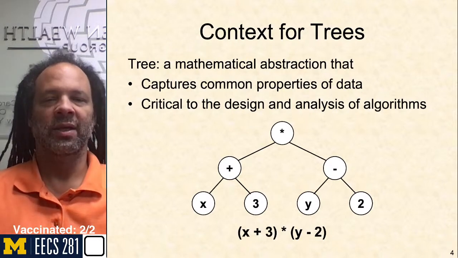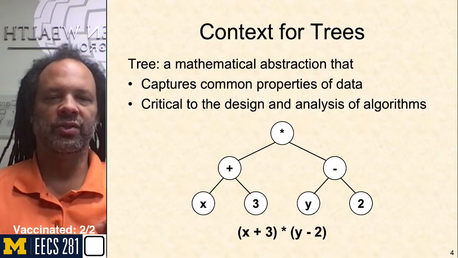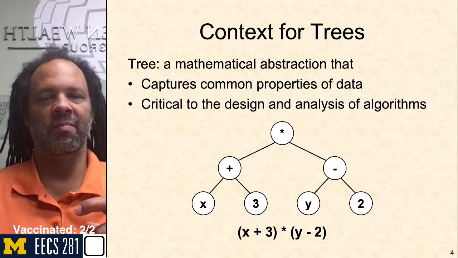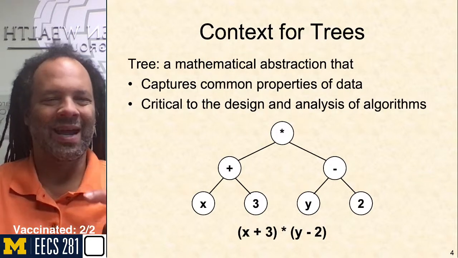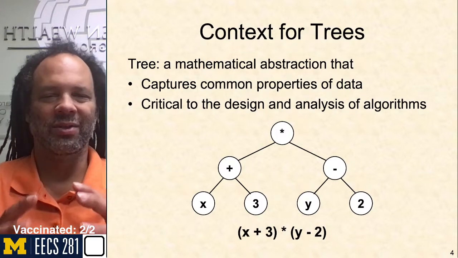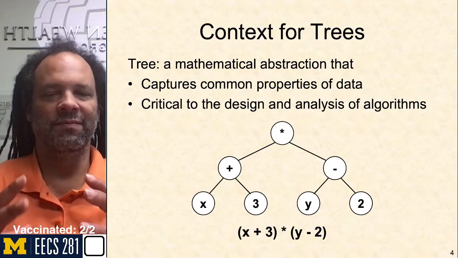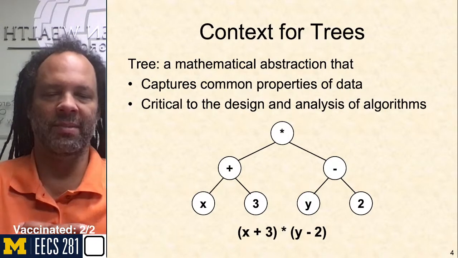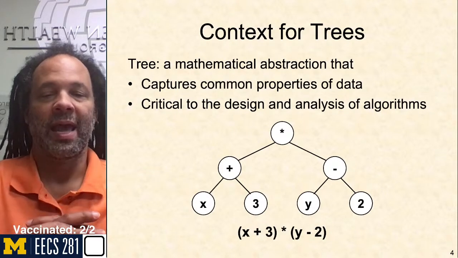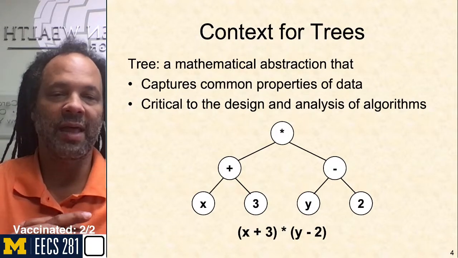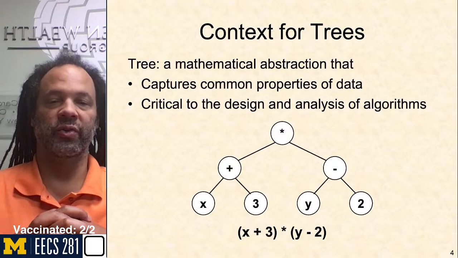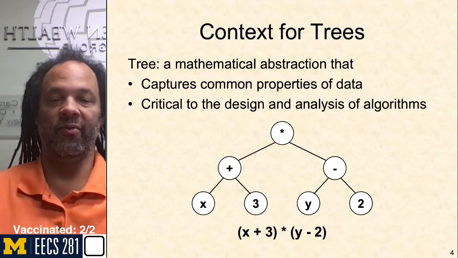Once we've got this tree structure defined and we start to build up the design and analysis for how to solve them, it sort of takes this away from the problem itself. If you can take a problem and represent it with a tree, then oftentimes there's a tree algorithm that will solve your problem for you.